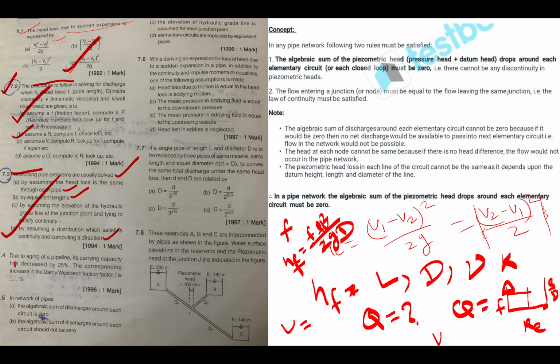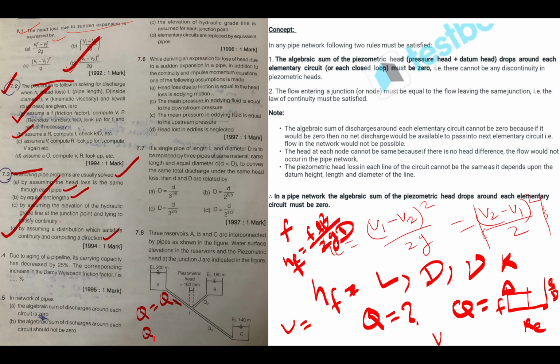Due to aging of the pipeline, its carrying capacity decreases by 25%. So the discharge was previously Q, that is your Q1.